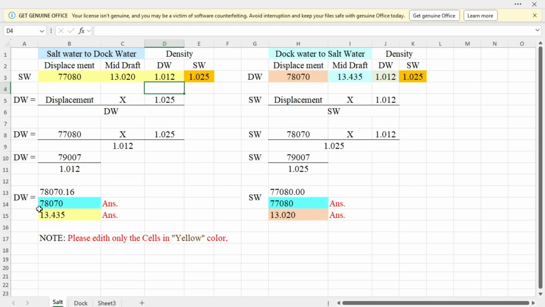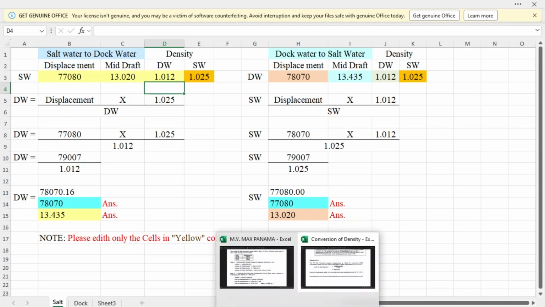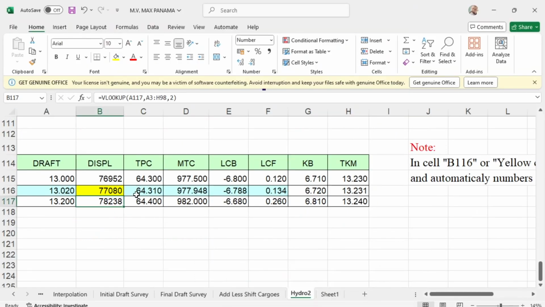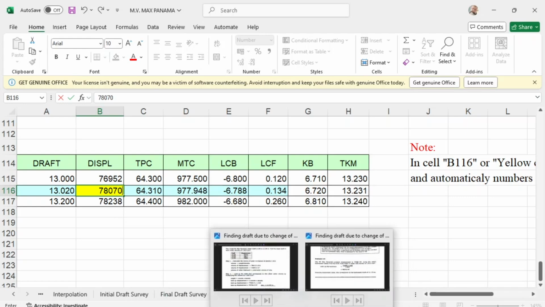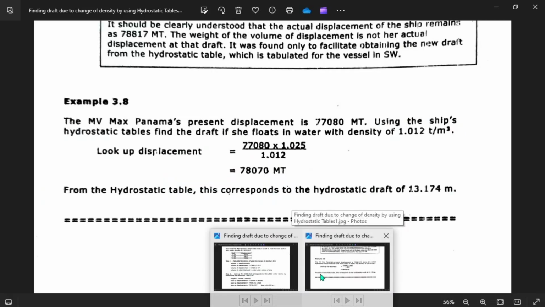So this will be your dock water displacement of 78070.